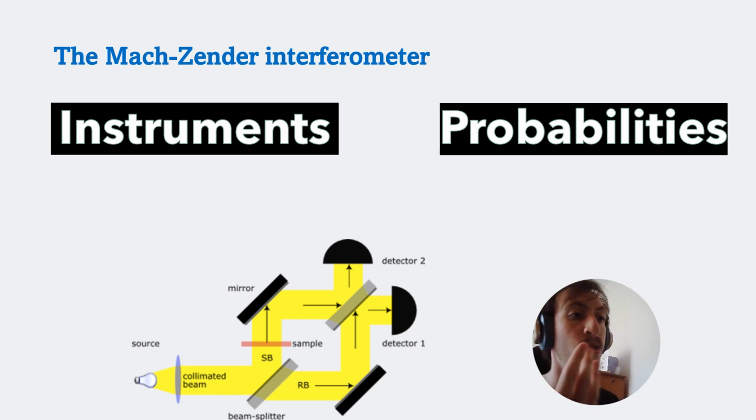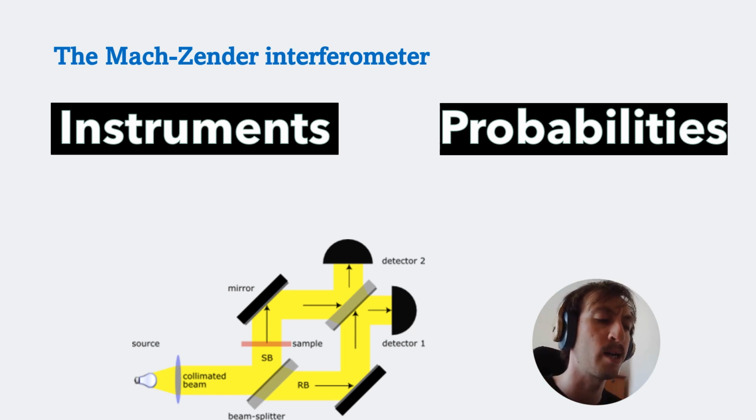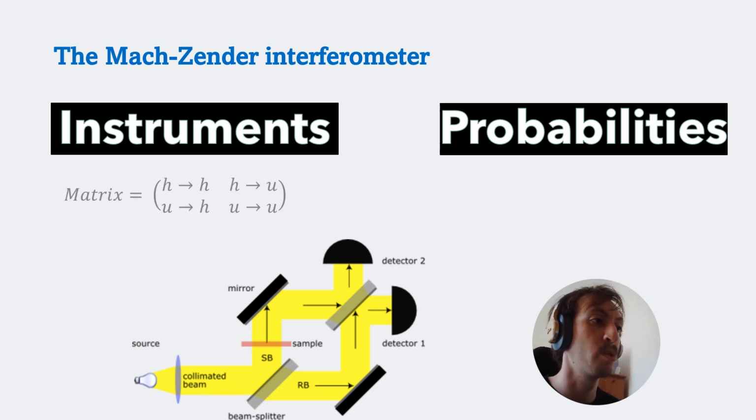I'm picking the traditional Mach-Zehnder interferometer because the maths is, I think, a little easier to go over. So for those that would like the maths on exactly how the probabilities depend on the phase shift, I'm going to go through it now.